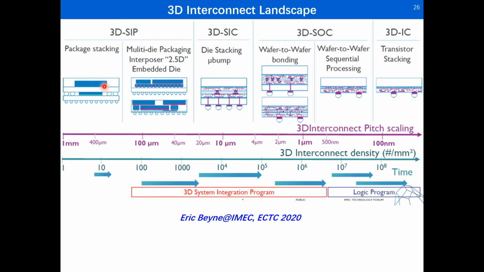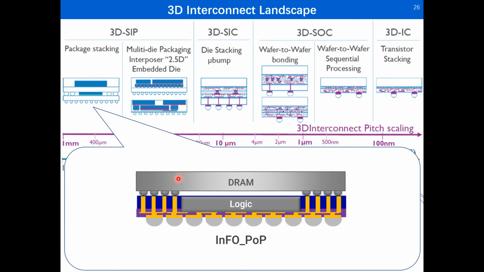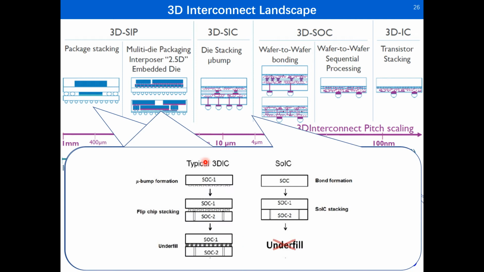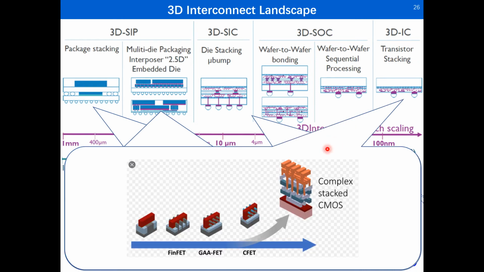Package and package stacking, this is actually the PLP we introduced. 2.5D and embedded die, we've introduced CoWoS and EMIB. And then 3D IC with bumps, and then SoIC using direct bonding, wafer-to-wafer bonding, and the ultimate 3D IC, CMOS transistor stacking, which is perhaps the most advanced technology, but also the most expensive.